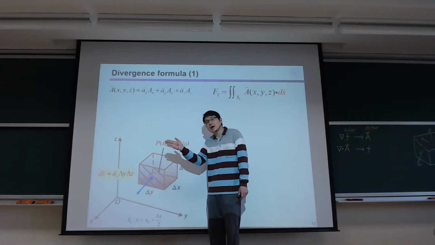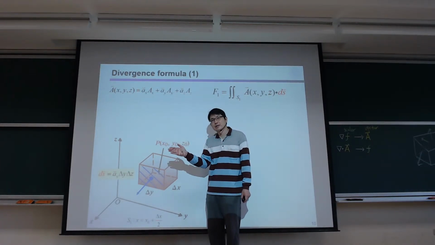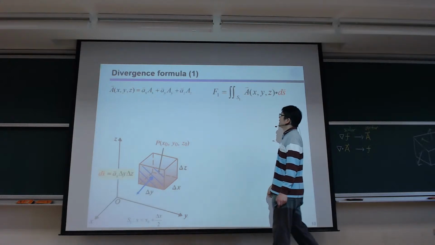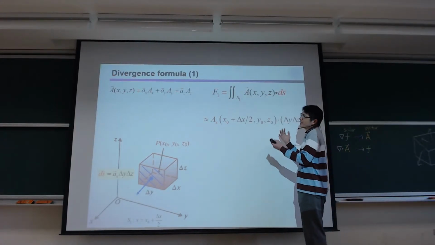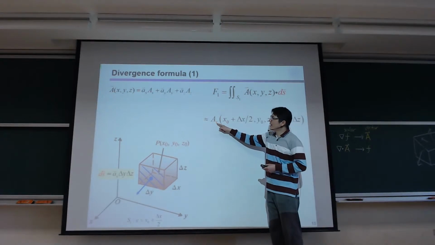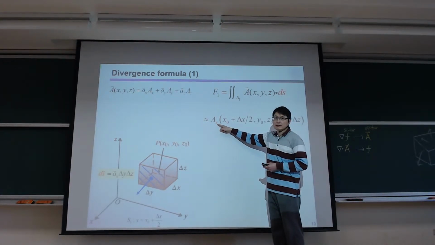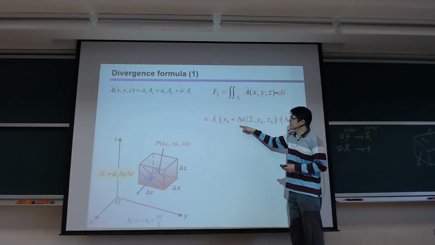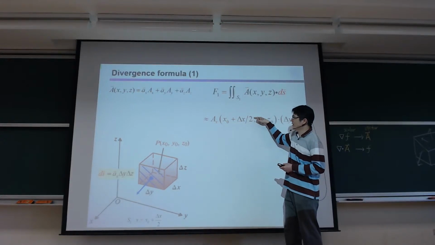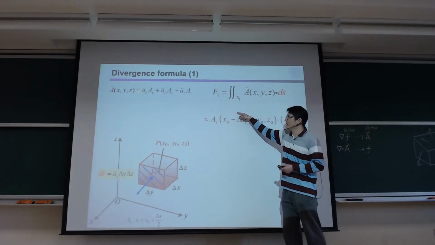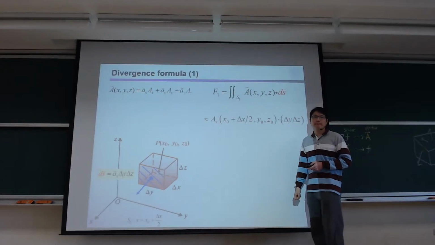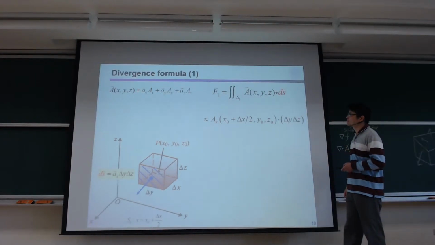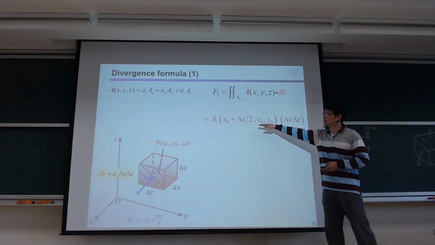It has an offset in the x direction. So what I'm trying to calculate is the Ax component, but with an offset in the x coordinate value, not in y and z. So how to do this?